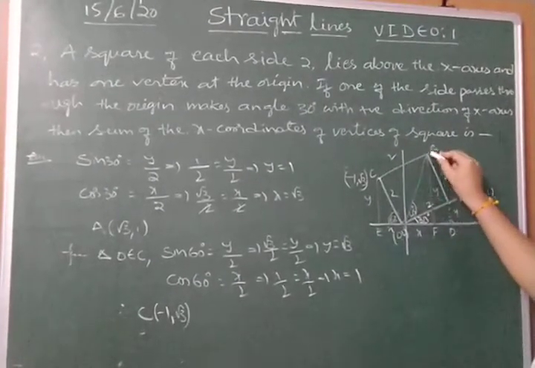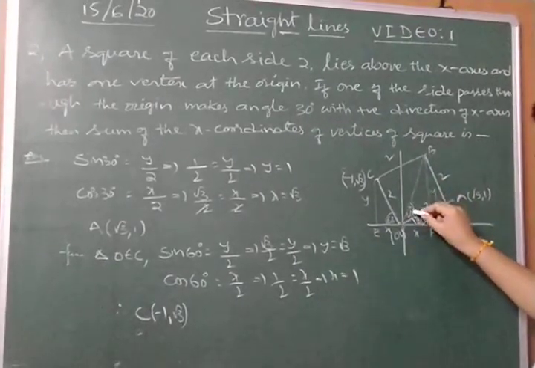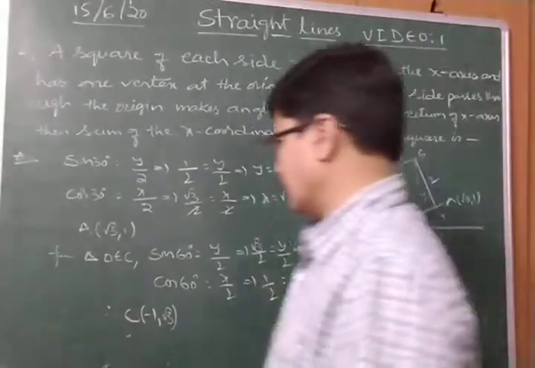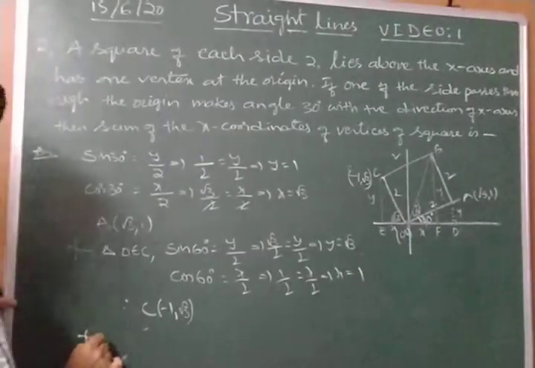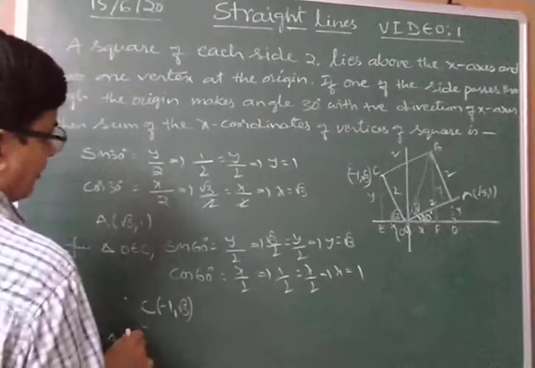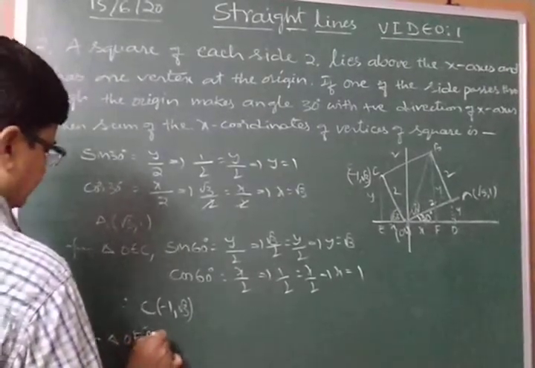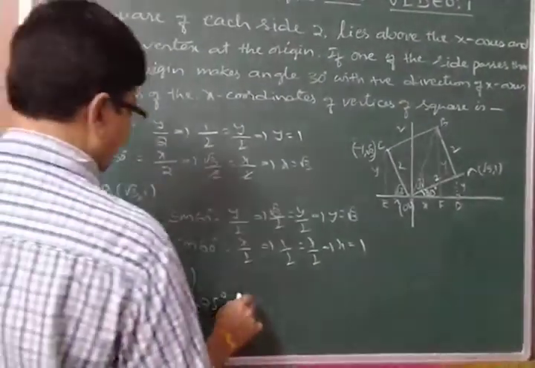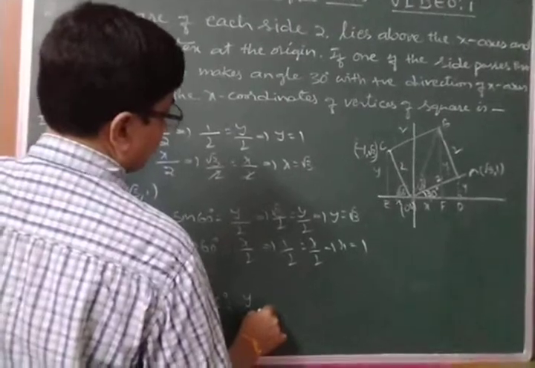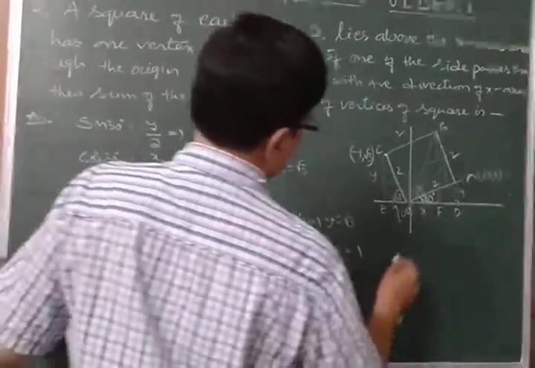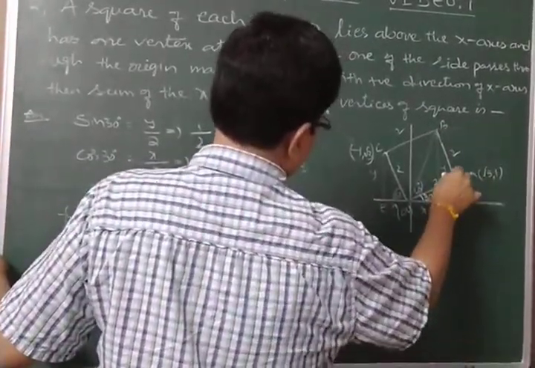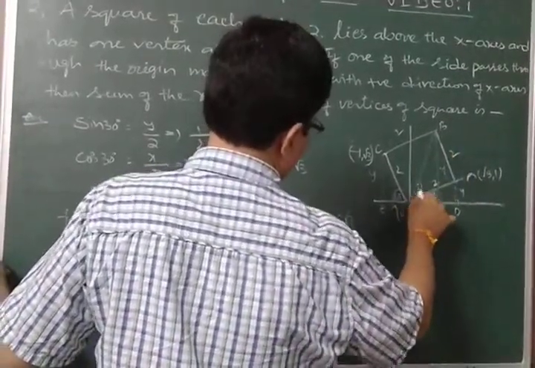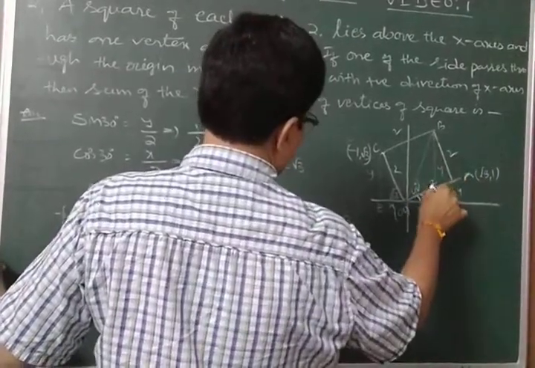Here the angle is 45 plus 30, that is 75 degrees. So from triangle OFB, sine 75 degrees is equal to the opposite side by the hypotenuse. This is one of the diagonals of the square.